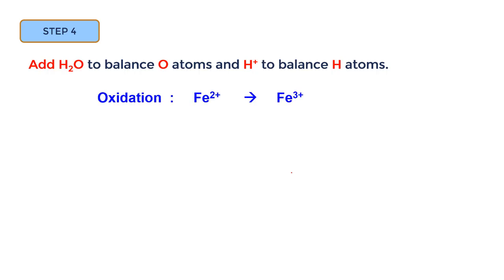In half equation, oxidation reaction, we don't have to add water or hydrogen ion since there is no oxygen and hydrogen atom present. For the reduction half equation, at the left side, in dichromate ion, there are 7 oxygen atoms.